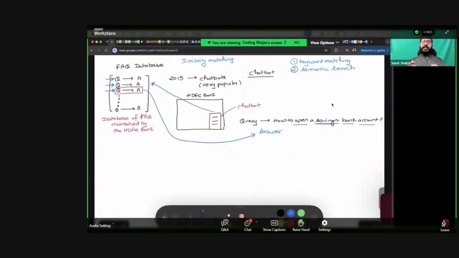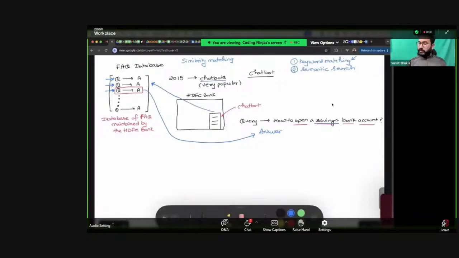So if I say apple, and apple is a fruit, it will try to find words similar in meaning to this word. In the year 2015, chatbots were able to answer your queries by performing keyword matching. They were not looking at the semantic meaning of the questions you were providing.